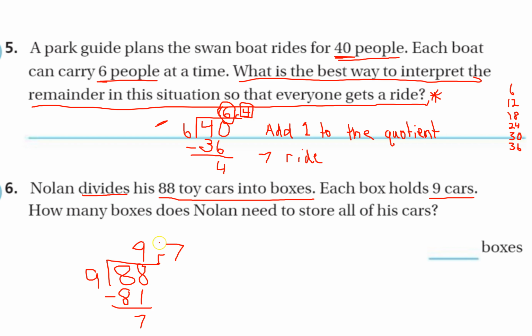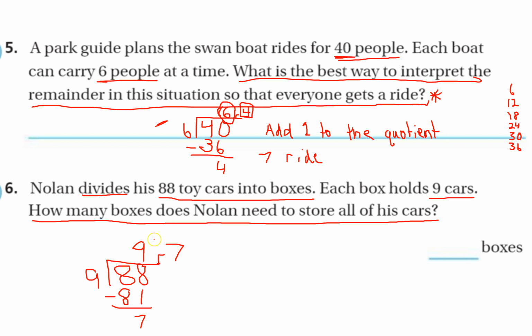Now let's look at what they're asking us. How many boxes does Nolan need to store all of his cars? Well, does he need 9 boxes, remainder 7 boxes? Does that make sense? Do you think your parents, when they're moving, say, yeah, we need 9, remainder 7 boxes?